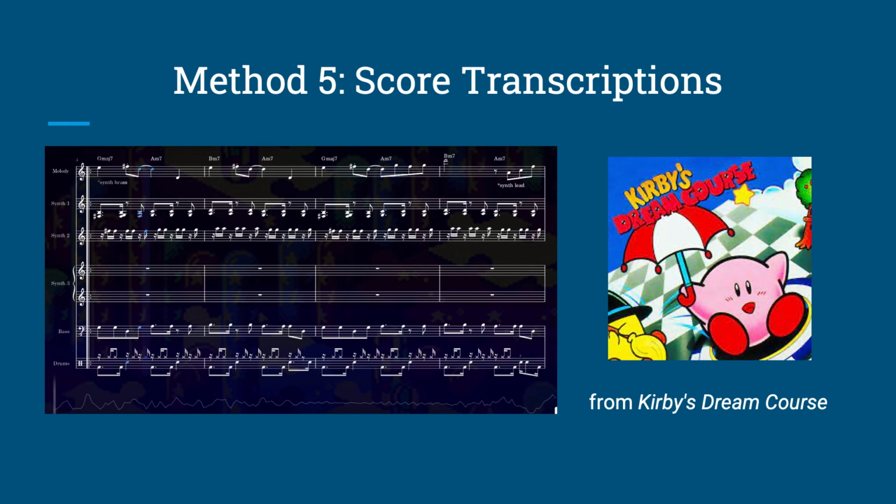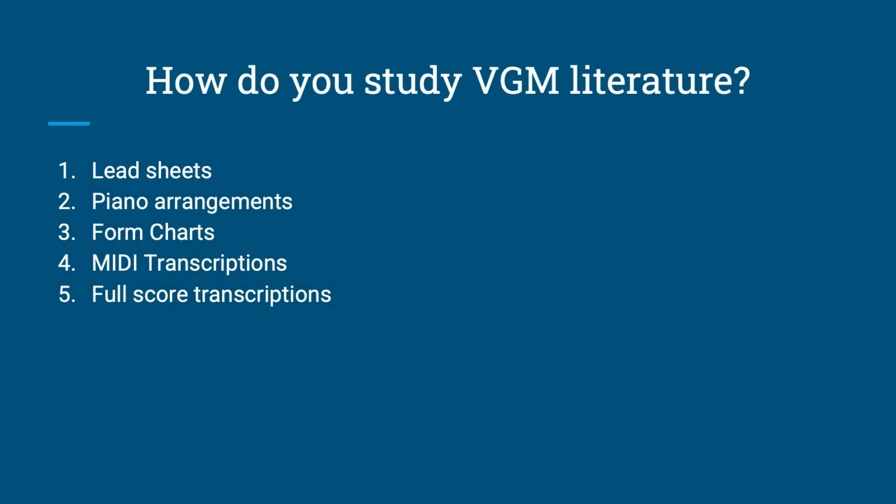Sometimes the chord symbols are given, all the instrumentation is laid out in notation, and you would study this as you would either a jazz score or a classical score, or a musical theater orchestration score. So it's the same thing. So to summarize, these are our 5 main sources of study of VGM literature.